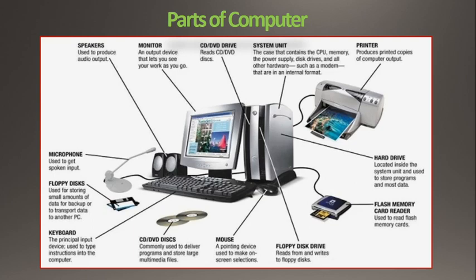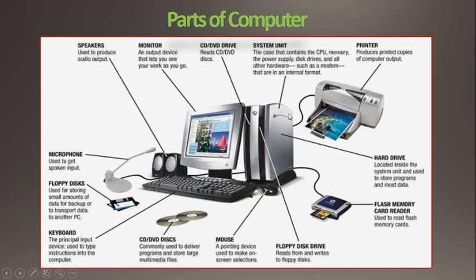Here we will see the various parts of the computer. You can see in this picture, we'll see those parts. The first and most important part is the system unit. Here the CPU, memory, power supply, disk drives, and all other hardware such as the modem are in an internal format.